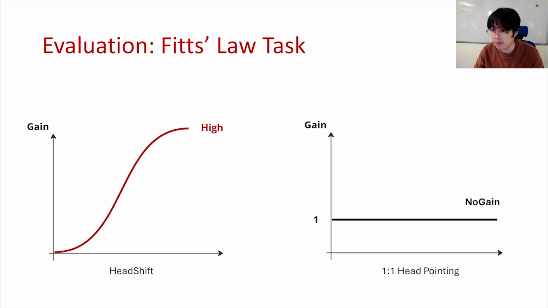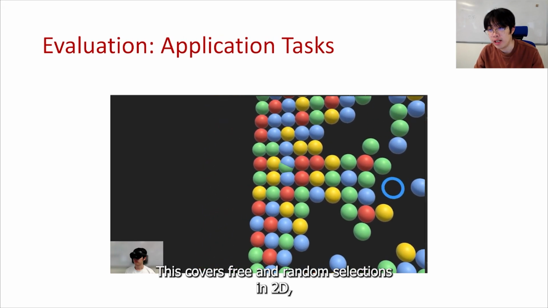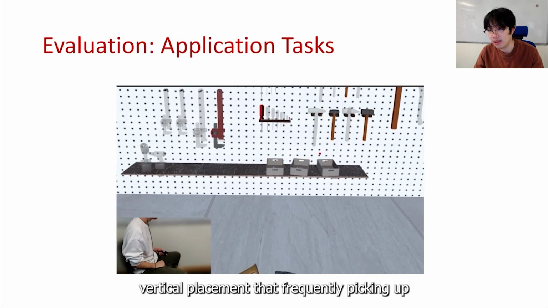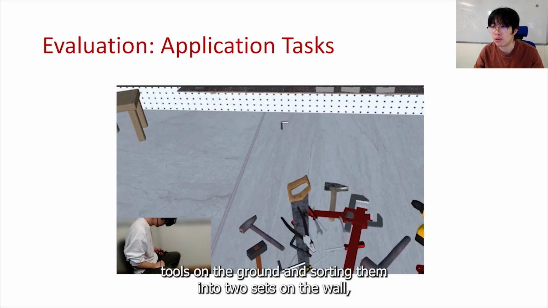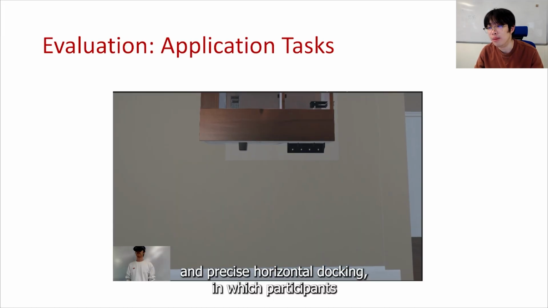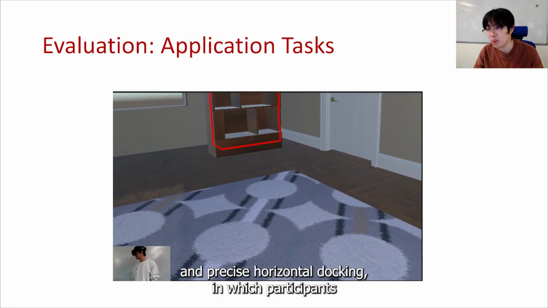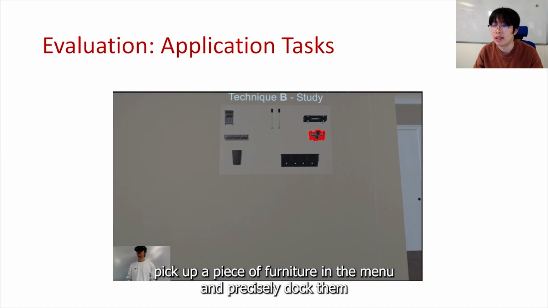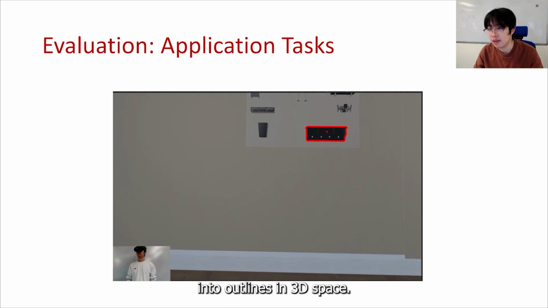This covers free and random selections in 2D, vertical placement, frequently picking up tools on the ground and sorting them into tool sets on the wall, and precise horizontal docking, in which participants pick up a piece of furniture in the menu and precisely dock it into outlines in 3D space.